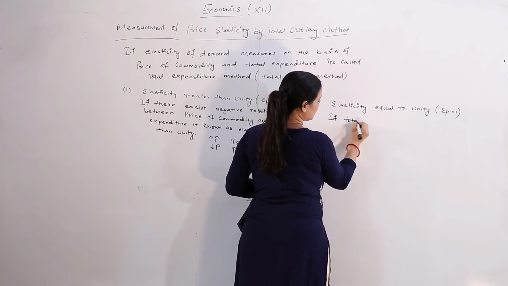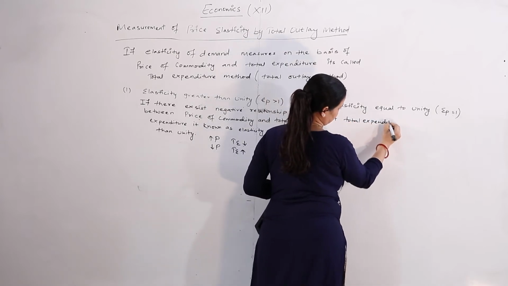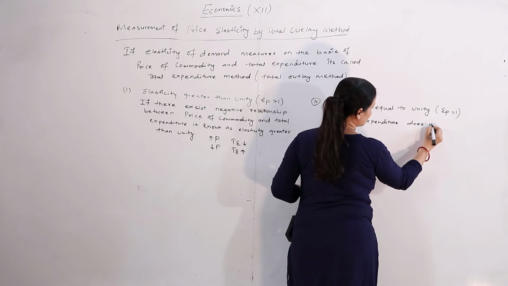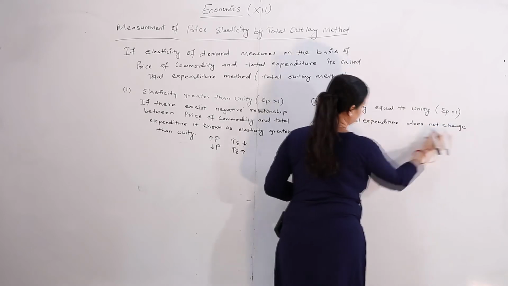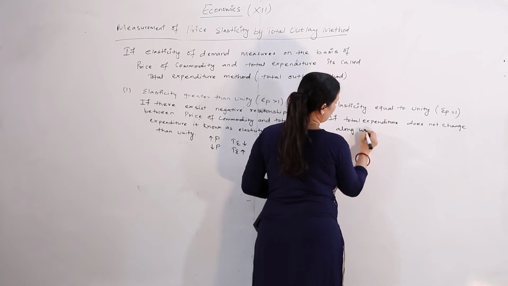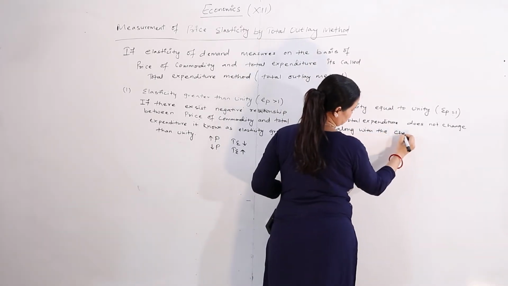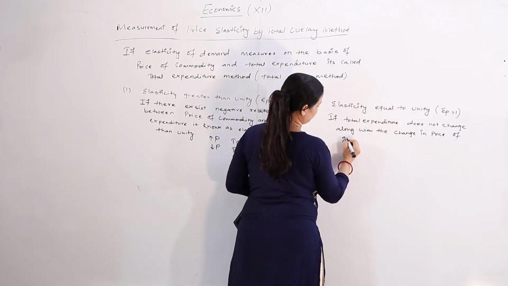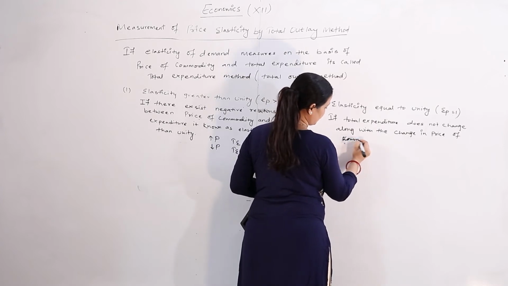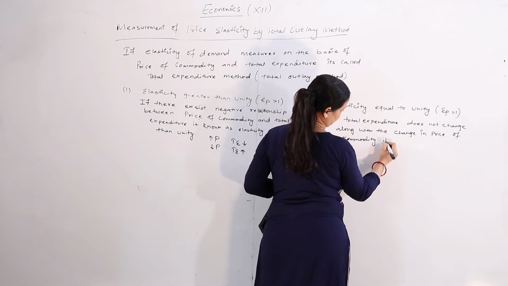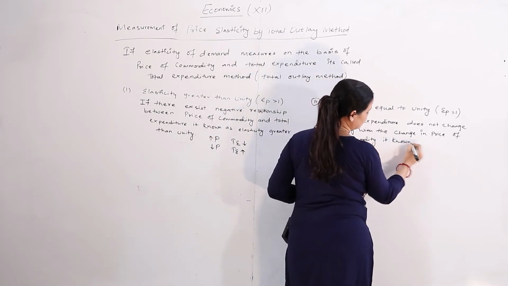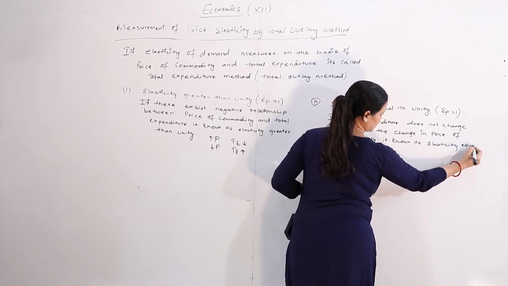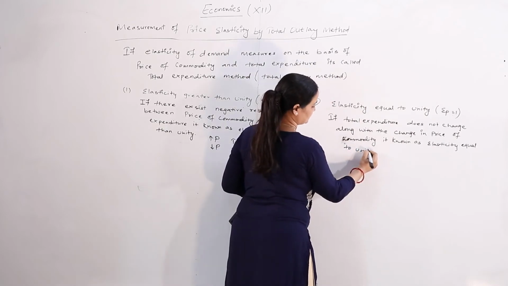If total expenditure does not change along with the change in price of commodity, it is known as elasticity equal to unity.